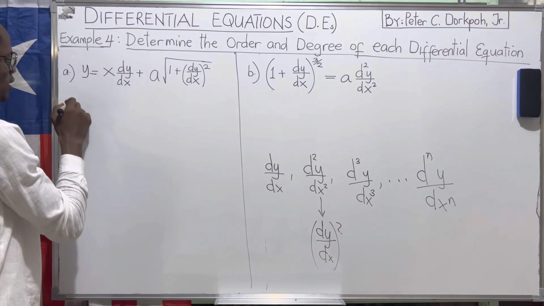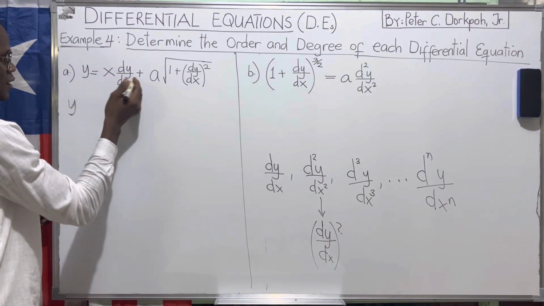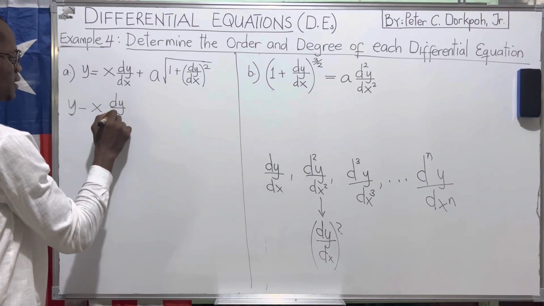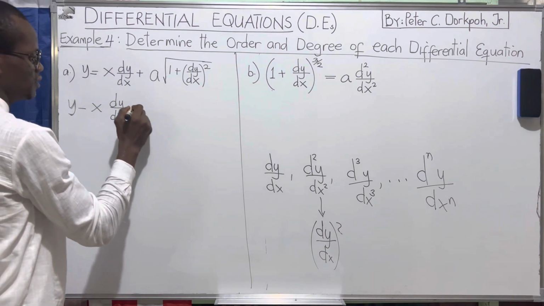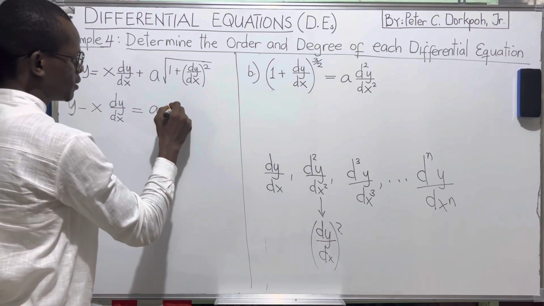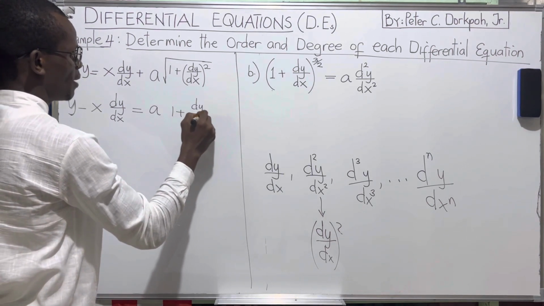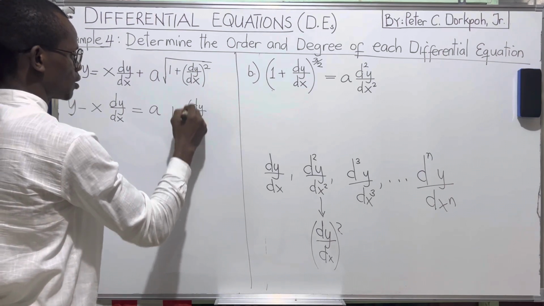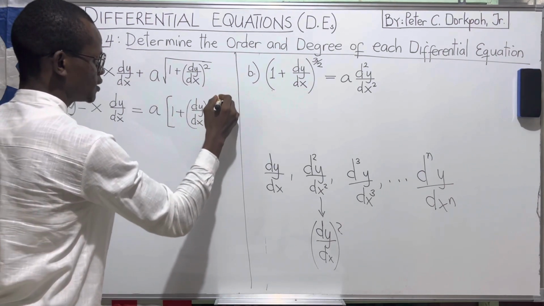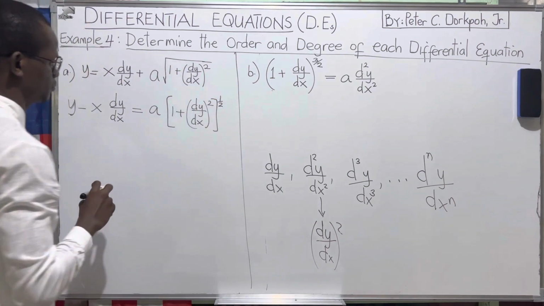What we do now is we send this term across the equal sign. We have x dy by dx now equals a times 1 plus dy by dx all squared. And remember, the square root means 1 over 2, half.